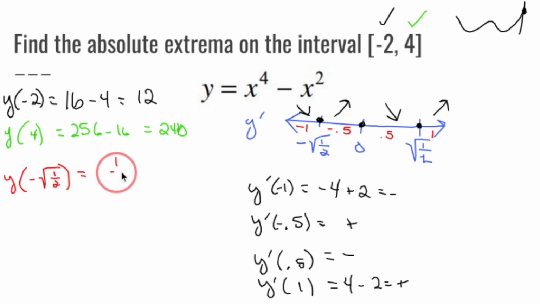So the square root of 16, I get a fourth on the bottom, minus the negative square root of a half, which is just a half. So you become negative 3/4? Yeah. No, negative 1/4.